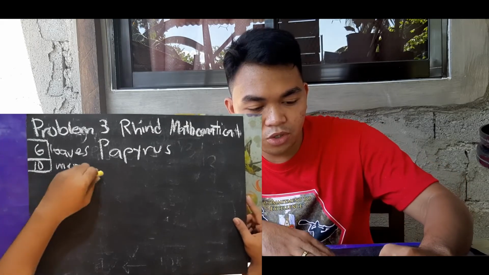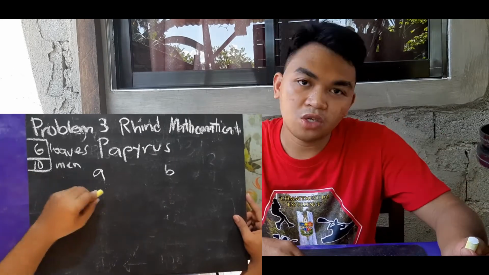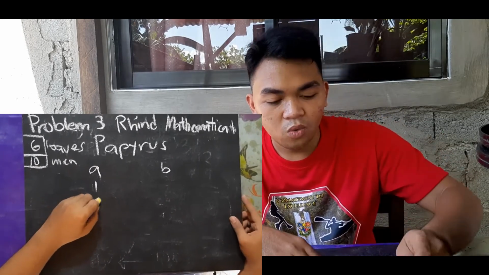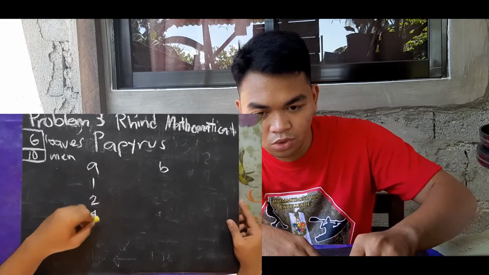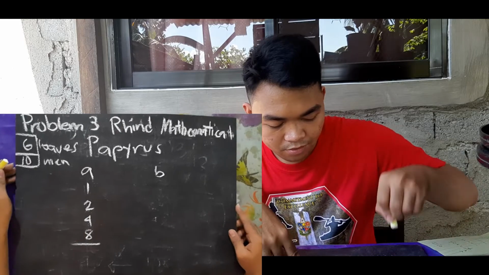This equation also has a column A and a column B. In A, as I've said, it always starts with 1 and doubles. 1 plus 1 is 2, 2 plus 2 is 4, then 4 plus 4 is 8.